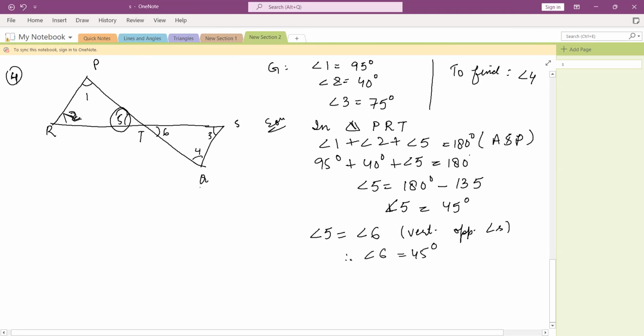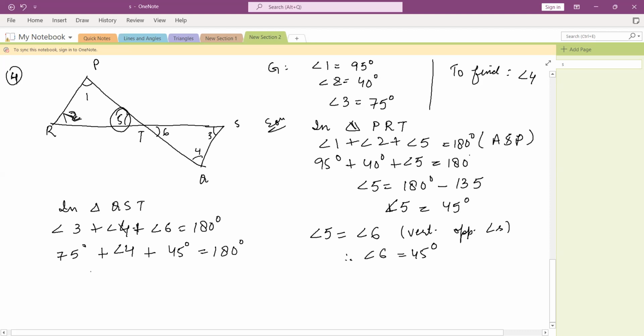Now look at the second triangle QTS. We know the value of two angles. Angle 6 we know, angle 3 we know, angle 4 we can find. Simple. So in triangle QST, angle 3 plus angle 4 plus angle 6 is equal to 180 degrees. Now put the value. So angle 3 is already given, 75 degrees. Angle 4 we have to find out. Plus angle 6 we have just calculated to be 45.